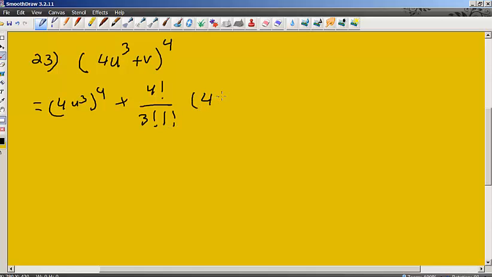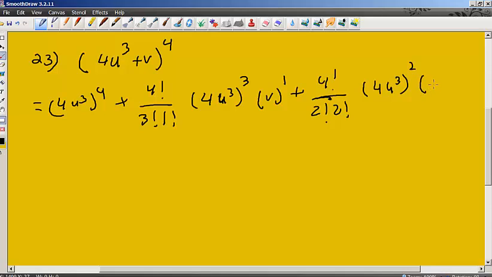And this time 4u to the 3rd will be power of 3, and then v will be the power of 1, plus 4 factorial over 2 factorial times 2 factorial, and then I have a 4u to the 3rd will be the power of 2, and then v to the power of 2, plus.